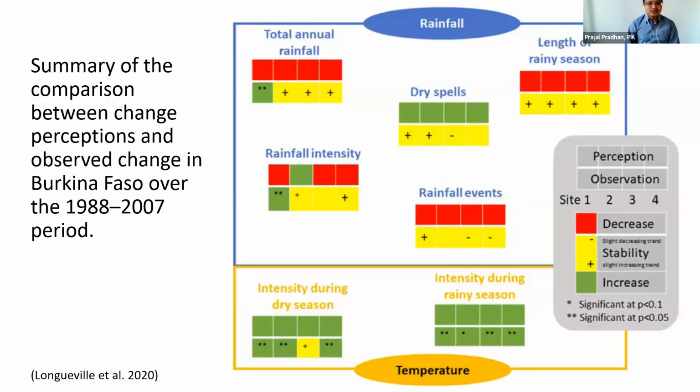The color red means decrease, green is increase, and yellow is stable, with plus and minus meaning slight changes. When you look at annual rainfall, most of the stakeholders or households think that there is a decrease in total rainfall. But when we look at the statistical data set or meteorological observation, we see that in some locations it has increased, or significantly increased, or even slightly increased.